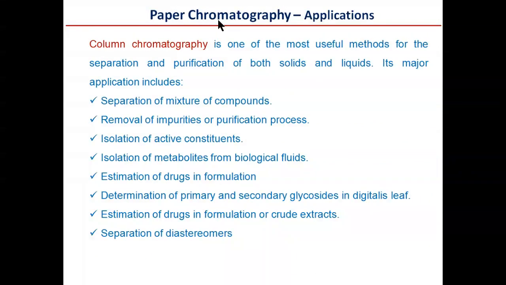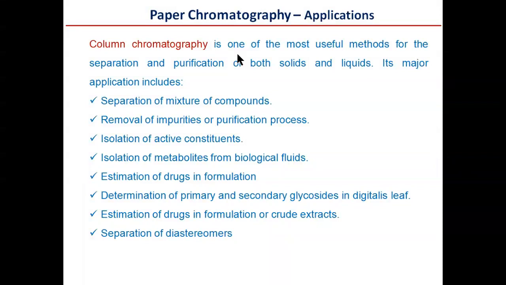So we will see some of the applications of column chromatography. So this is not paper, this is column chromatography. Column chromatography is one of the most useful methods for the separation and purification of both solids and liquids. Its major applications include separation of mixture of compounds, removal of impurities and purification processes.